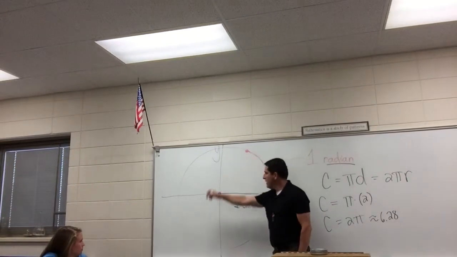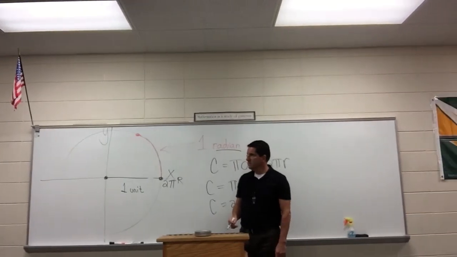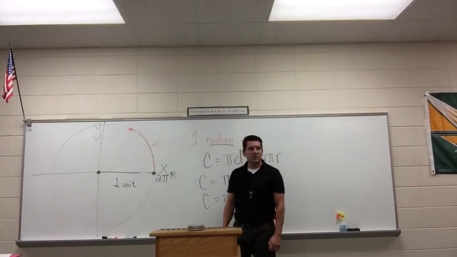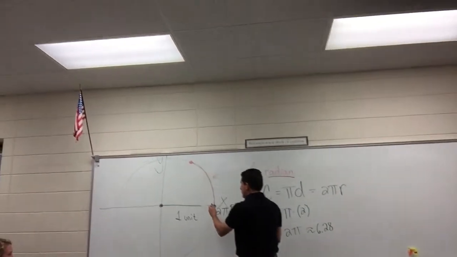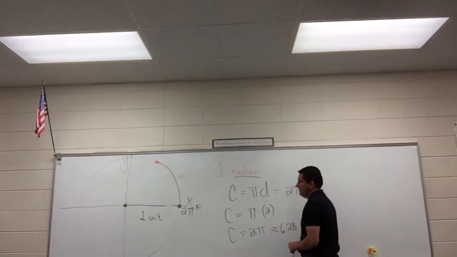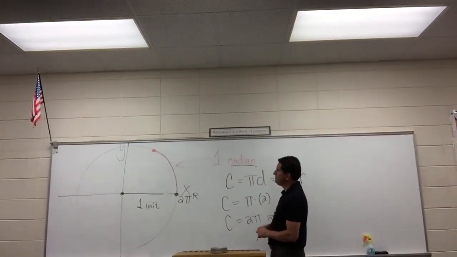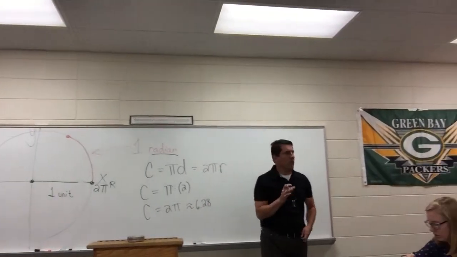If you go all the way around, how many miles do you run? 6.28. So that's the deal here. If it's 1K, then it's a 6.28K distance.